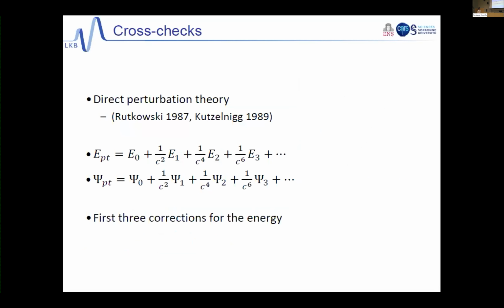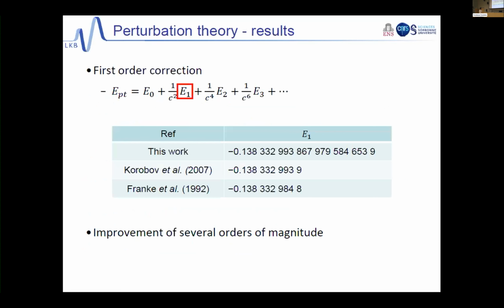We used the formalism proposed by Rutkowski and Kutzelnigg in the 80s. And we calculated the first 3 corrections for the energy. So this is our value for the E1, the coefficient proportional to c to the minus 2.